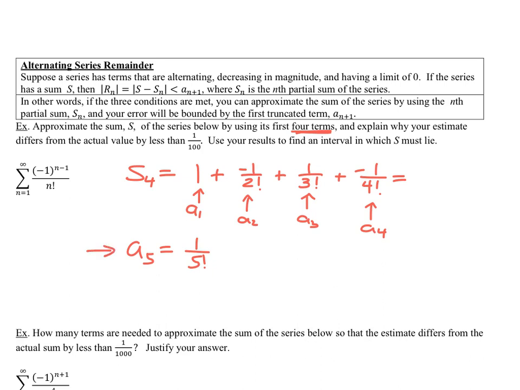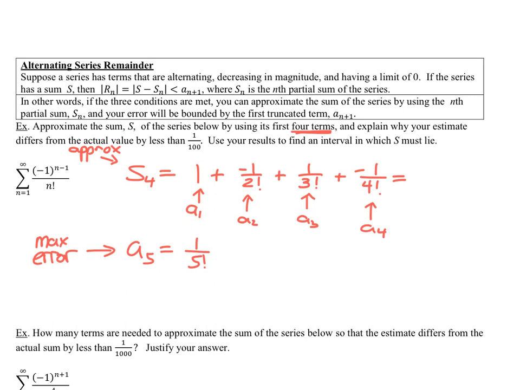That's going to be the maximum error. So this is going to be our approximation, S sub 4. And really, every partial sum is an approximation. It's just a question of how accurate it's going to be.